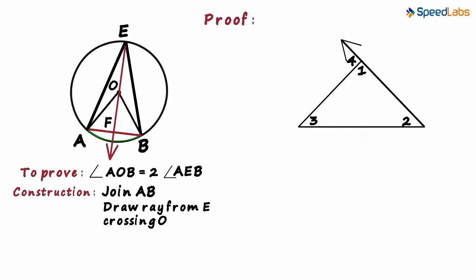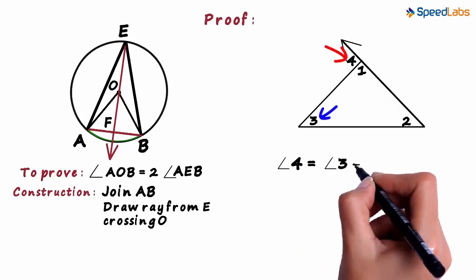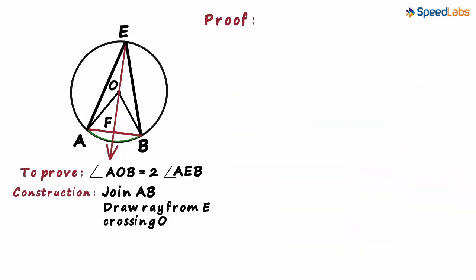The exterior angle theorem says that the measure of the exterior angle will equal the sum of its remote interior angles. Angle 1 is the interior angle that is adjacent to the exterior angle, and angles 2 and 3 are the interior angles that are remote. So angle 4 will equal angle 3 plus angle 2.